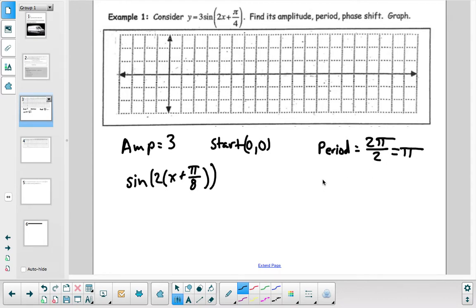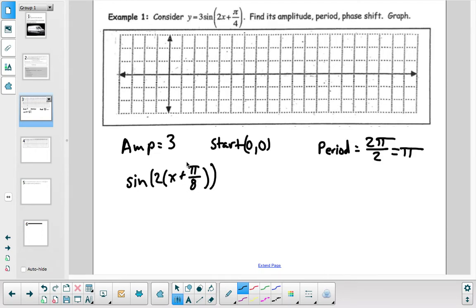If you had a fancy whiteboard like I do, then you could graph this right now, and then just shift it. It's going to be negative pi over 8, but you could just shift it from there. But I want to show that basically it's the same thing, just finding out the new starting position.